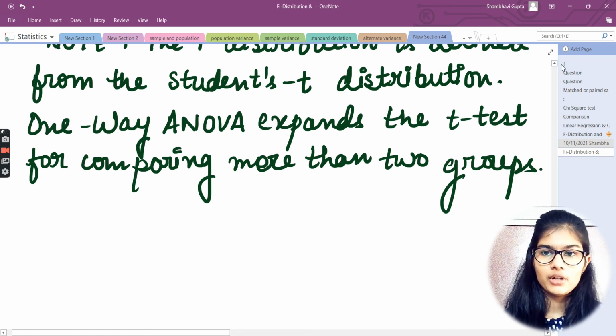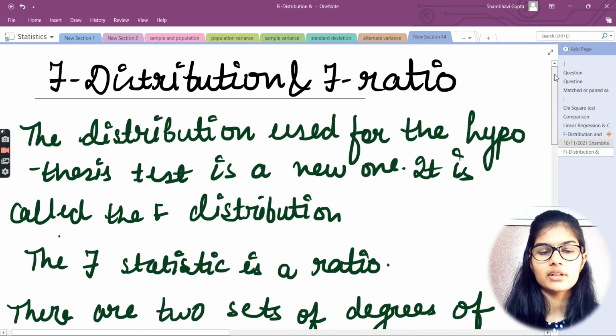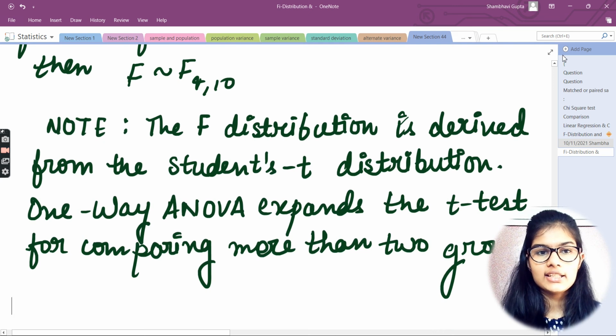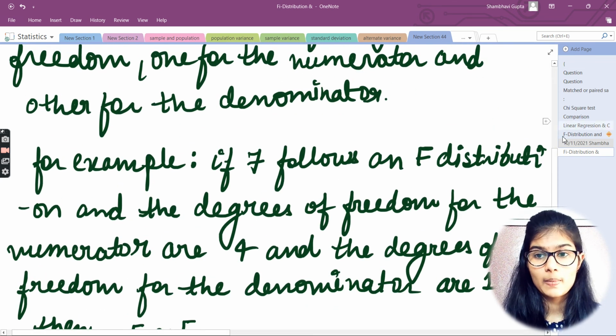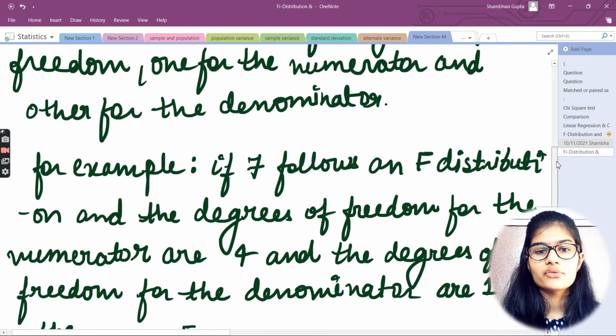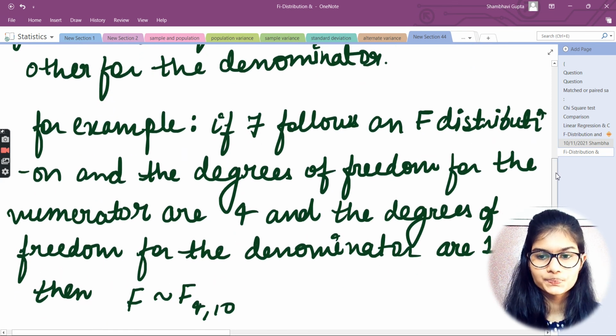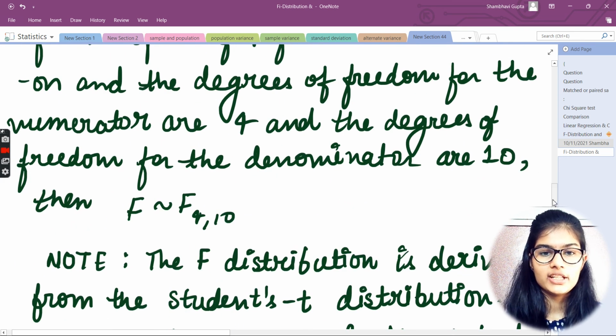Let me go above and recap the F distribution and the F ratio. The distribution used for the hypothesis test is a new one. It is called the F distribution. For example, if F follows an F distribution and the degrees of freedom for the numerator are 4 and for the denominator are 10, then we say F is approximately equal to capital F with 4 comma 10 in the bracket.